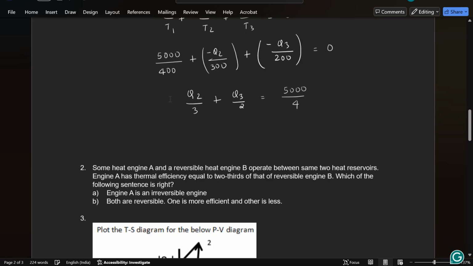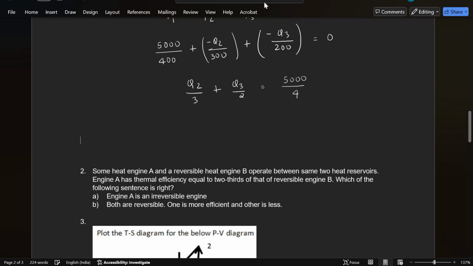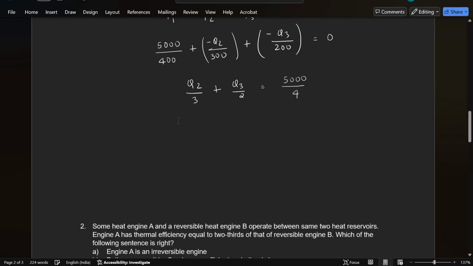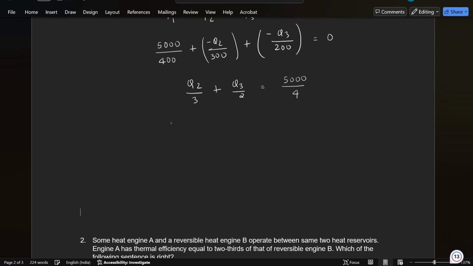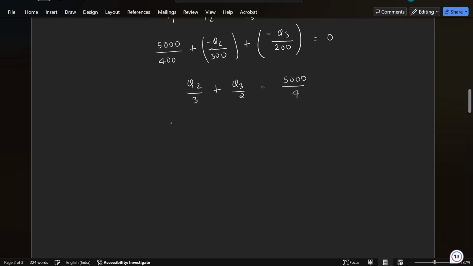I basically multiplied by 100 and then took this to one side. That's all. Then now I'll just simplify it. 2Q2 plus 3Q3 is equal to 6 into 5000 divided by 4 divided by 2... yeah, it's going to be 7500. All right. So we have our second equation.